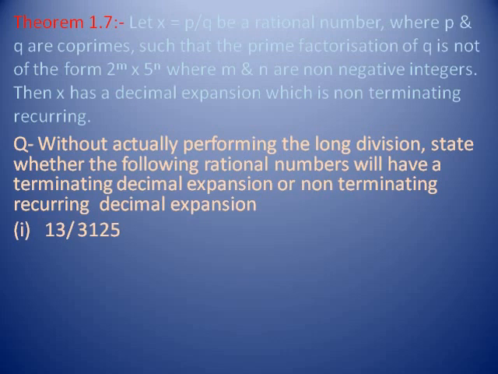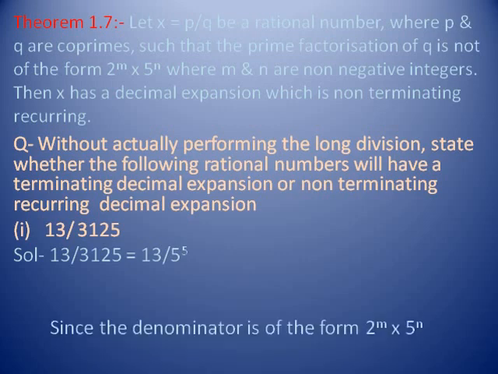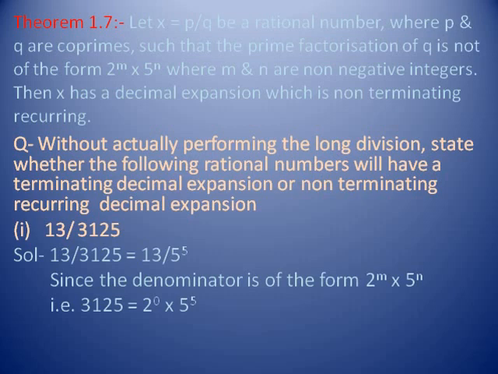After factorizing, we get 13 upon 3125 is equal to 13 upon 5 to the power 5. Since the denominator is of the form 2 to the power m multiplied by 5 to the power n, that is 3125 is equal to 2 to the power 0 into 5 to the power 5. Since there is no factor 2, so we can write 2 to the power 0 here. Therefore, it has terminating decimal expansion.